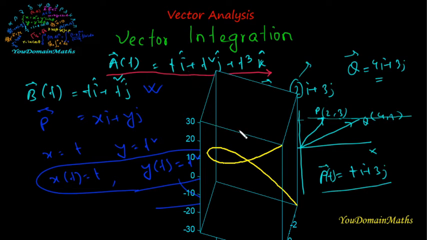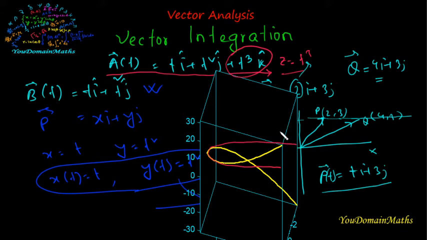When t cube, that means the coefficient of k, is absent, the curve is a parabola in the xy plane. When t cube is present, that means z equals t cube, the graph takes a 3D shape. So when one parameter is present, this is a curve.